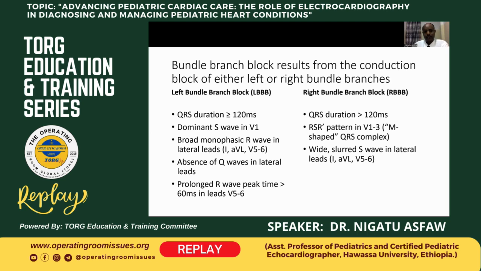And there may be a prolonged R wave peak time in V5 and V6. And in right bundle branch block, there will be an R prime pattern in V1 to V3. And that will show rapid R wave appearance, and there will be slurring of the S wave in left lateral leads.